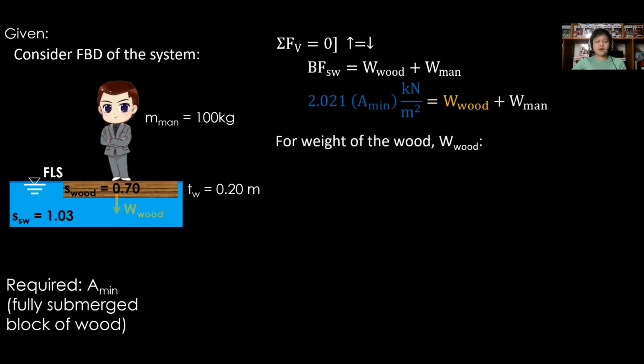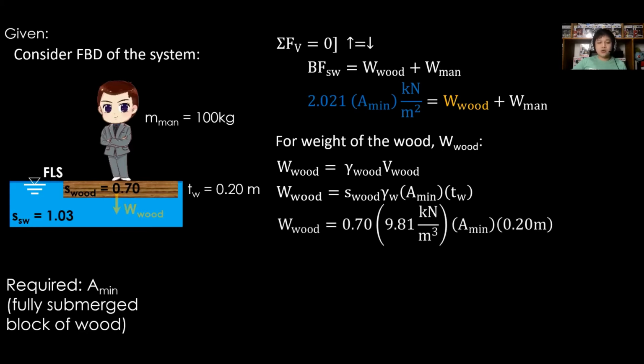On the other hand, for weight of the wood or W sub wood, it is equal to the gamma of wood times volume of the wood. But for gamma of wood, it is equal to the product of the specific gravity of the wood and unit weight of reference fluid, that is water. And for volume, the product of the minimum area or A-min and uniform thickness of the block.